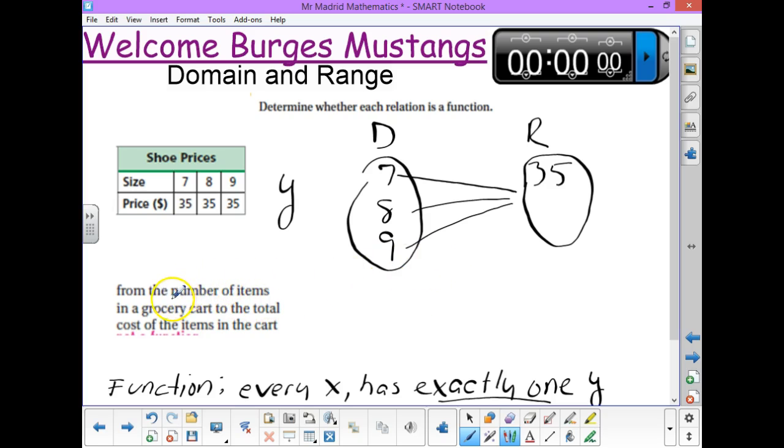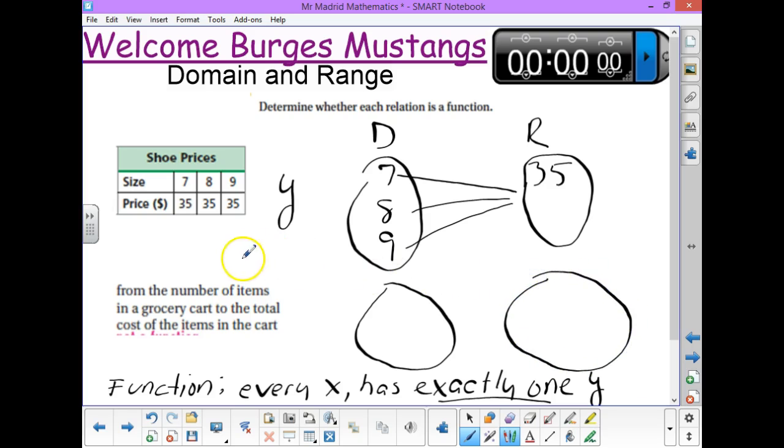From the number of items in a grocery cart to the total cost of the items in the cart. Because of spacing, I'll just quantify, let's say, the number of items in a grocery cart to the total cost. So the domain is the number of items in a grocery cart.